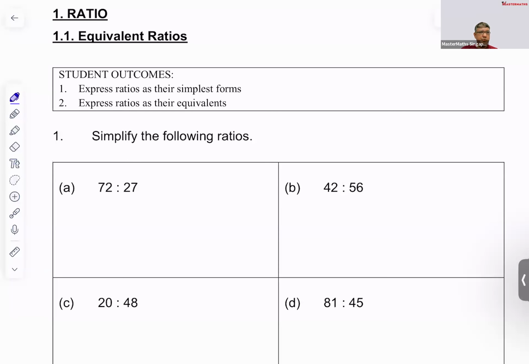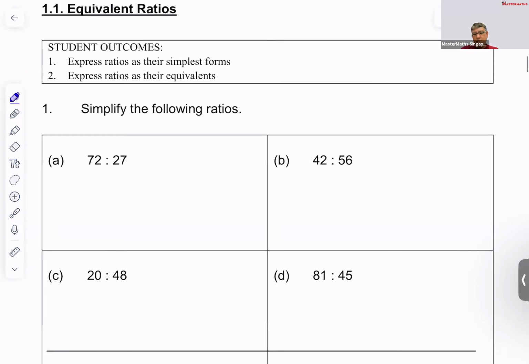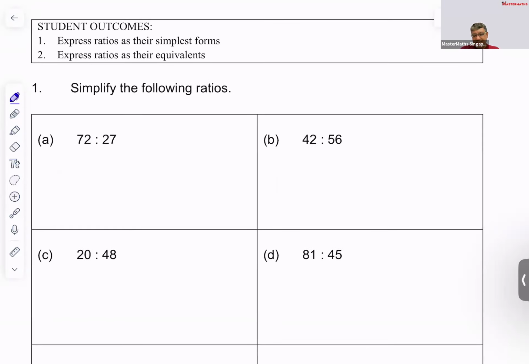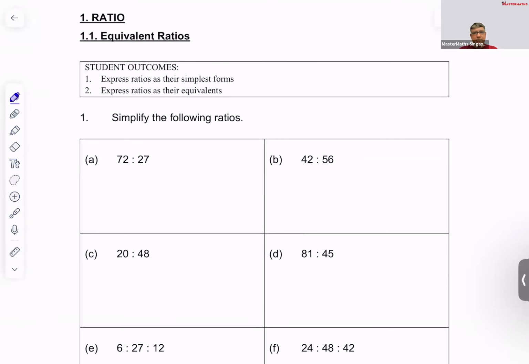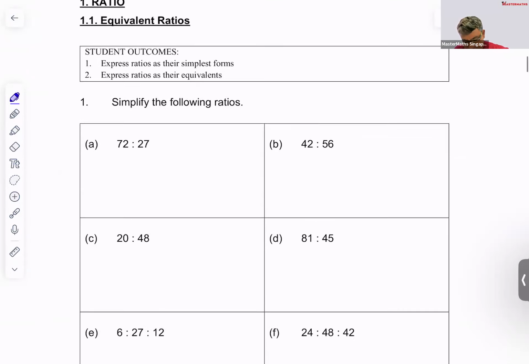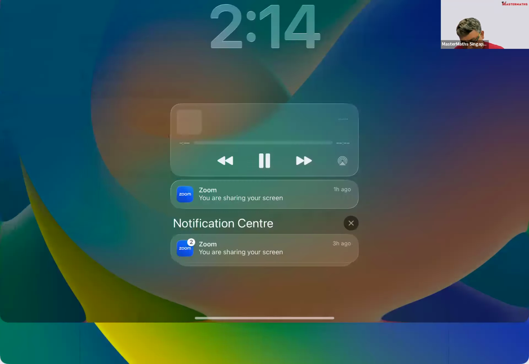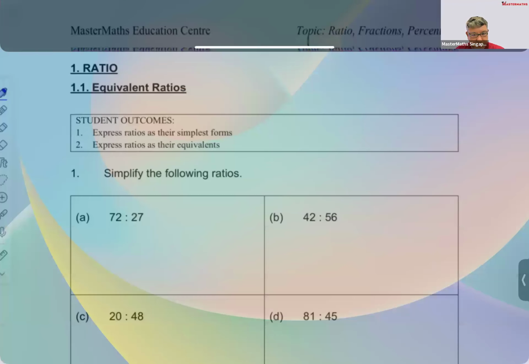You just use ratio to do it. If you prefer to draw models, go ahead. But ratio is one of the techniques you can use to solve your word problem in section C efficiently. That means you use less time to solve the question. But before that, of course, you need to know what is ratio, and then you are able to use it.